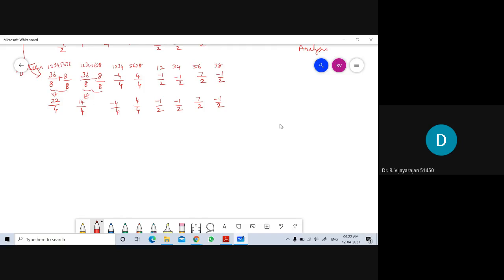Since we process these two, it is getting separated: it becomes 1, 2, 3, 4 and 5, 6, 7, 8. So it becomes 1 to 8 again. Just for understanding, I am writing these indices. Otherwise, you don't write these things.